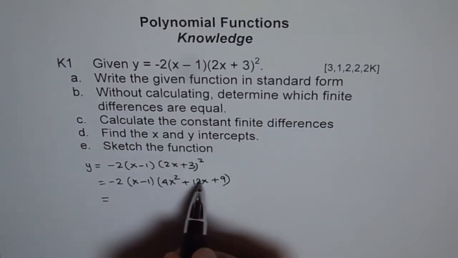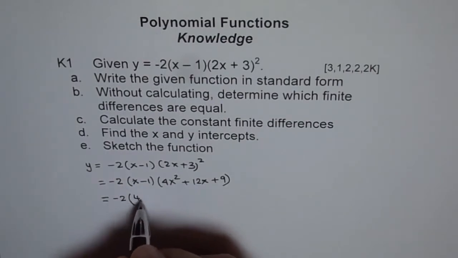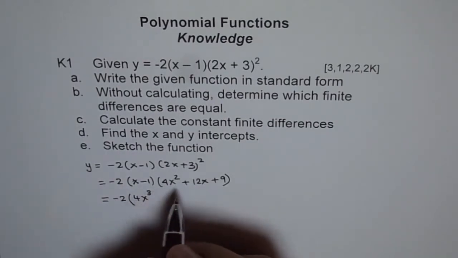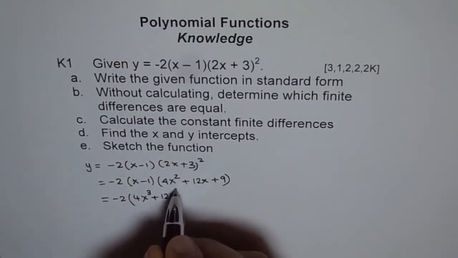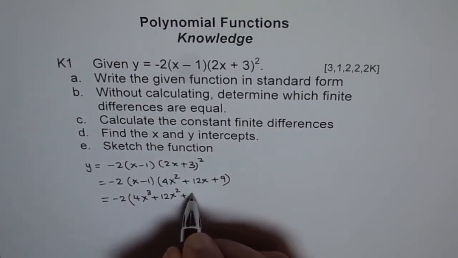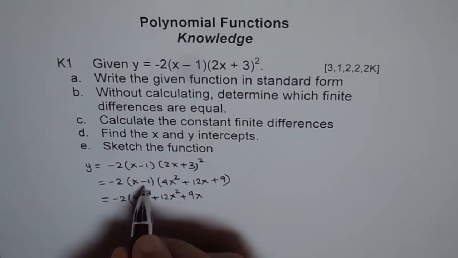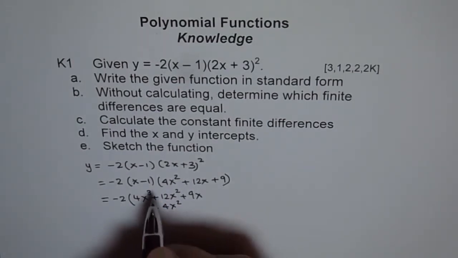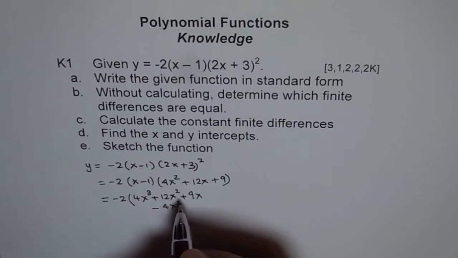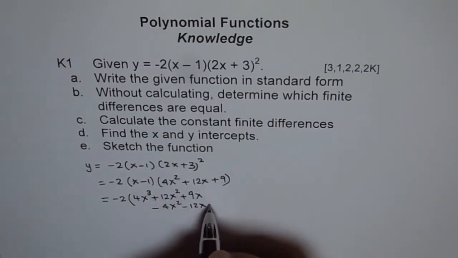Next step. Now we'll do this and then simplify, right? So with x, 4x cubed, that's the distributive property, plus 12x squared, plus 9x, and minus, let me write here itself, it's easier then, minus 4x squared, minus 12x, and minus 9.